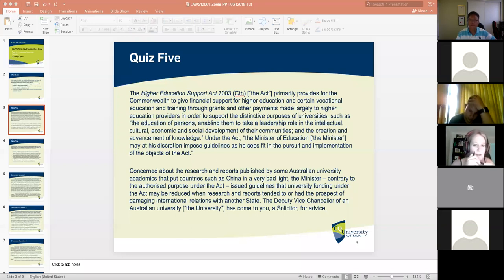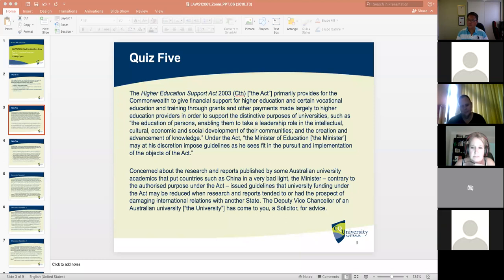The Higher Education Support Act 2003 (Commonwealth), the Act, primarily provides for the Commonwealth to give financial support for higher education and certain vocational education and training through grants and other payments made largely to higher education providers in order to support the distinctive purposes of universities, such as the education of persons, enabling them to take a leadership role in the intellectual, cultural, economic, and social development of their communities, and the creation and advancement of knowledge.